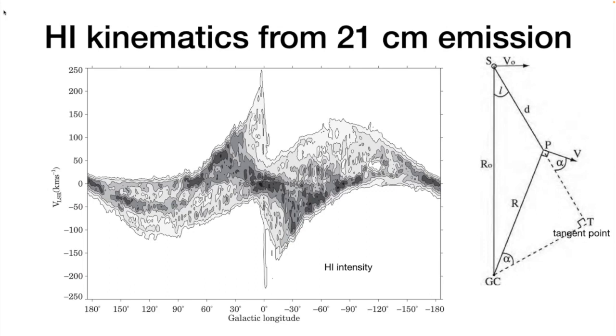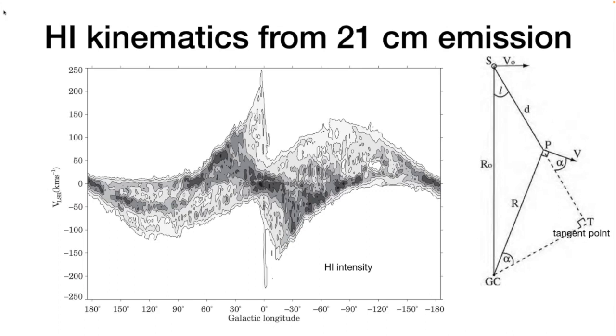So you can actually read off, and at the tangent point we know this radius. This R is nothing but R naught sine l. For the tangent point, this is R naught sine l, and we know the radius corresponding to the tangent point. So for this particular point where v_r is maximum, we know omega.